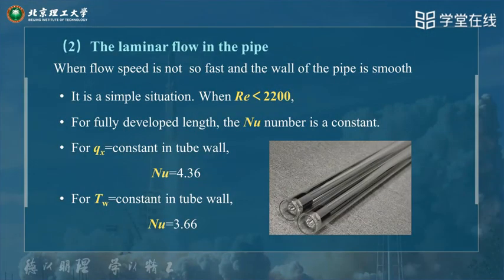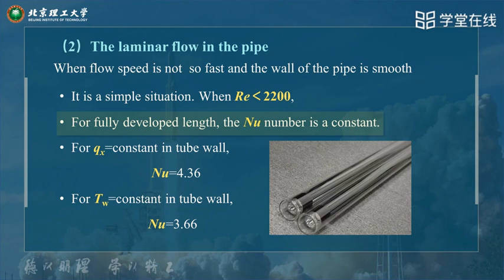Okay, for laminar flow in the pipe, when the flow speed is not so fast and the wall of the pipe is very smooth, in most cases it is a simple situation, laminar flow. In this case, Reynolds number is smaller than 2,200. For the fully developed length, the Nusselt number is a constant, very special.